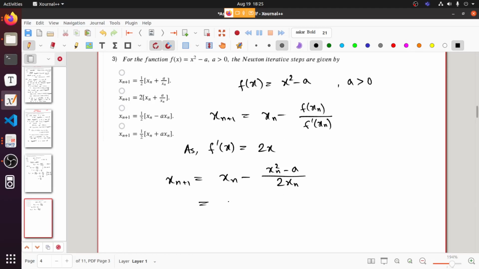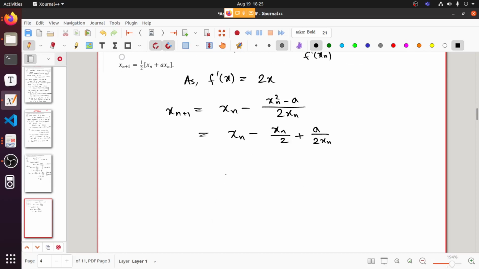So then it will be xn minus xn by 2 plus a by 2xn, right? So this will be xn by 2 plus a by 2xn. Take out the half common. What will you get? Xn plus a by xn. So this is Newton's iterative method: x n plus 1 will be half of xn plus a by xn.